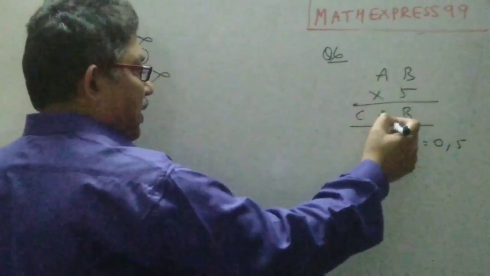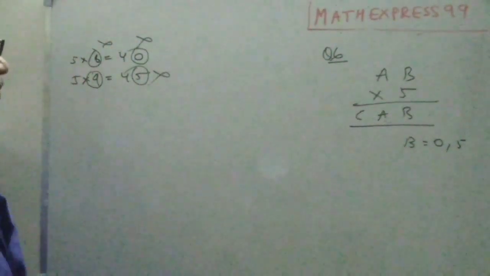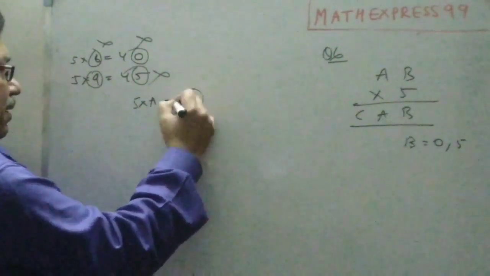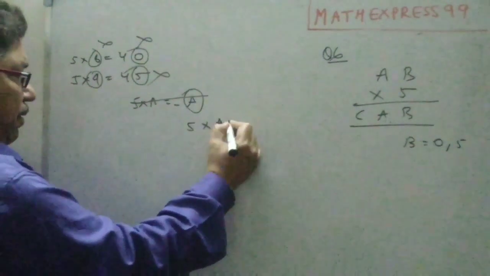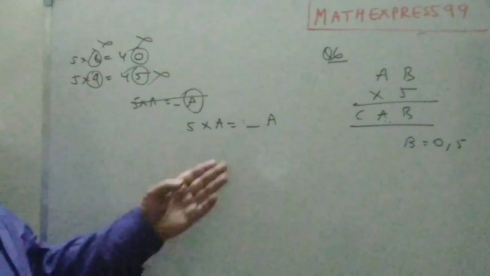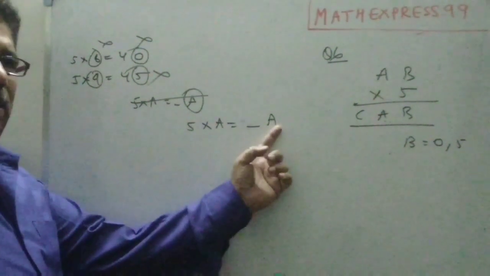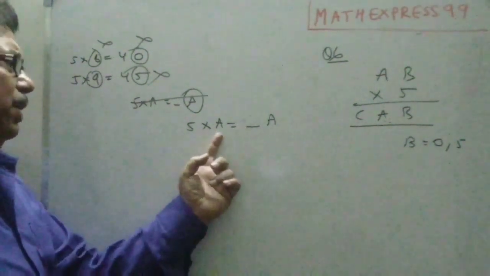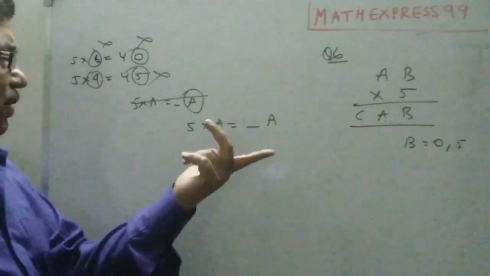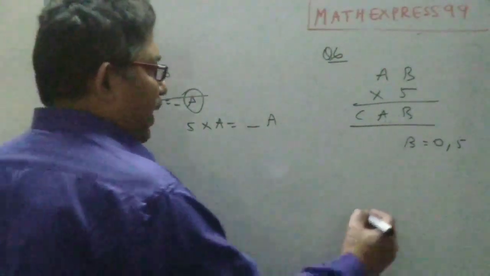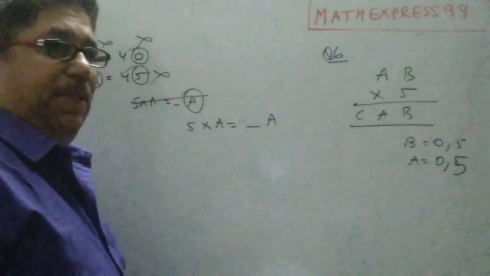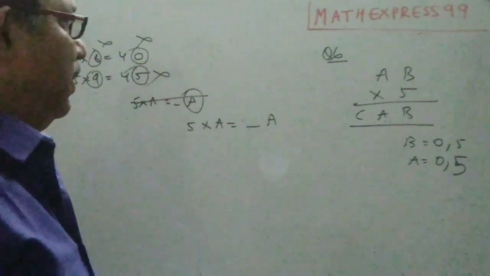So just now we wrote this entire table. 5 into A should give me back A. It could be like this is 1, so I should get 1 here. But I will always get only two things here. Multiples of 5 will end in either 0 or 5. So A can again be what? A can also be 0 or 5. A can't be anything other than 0 or 5. So now again we have a ticklish situation.